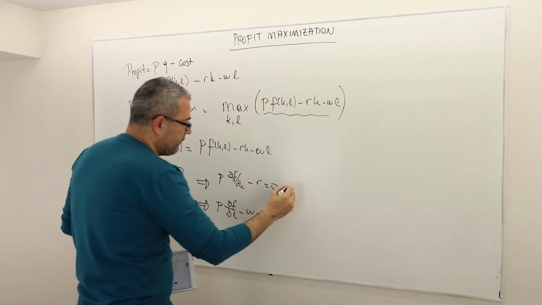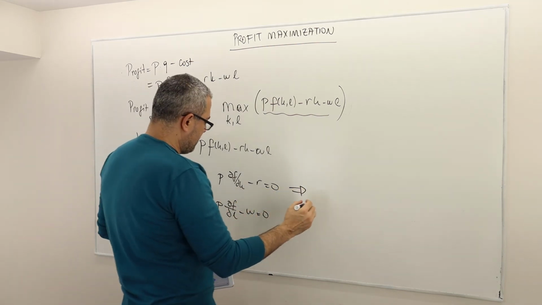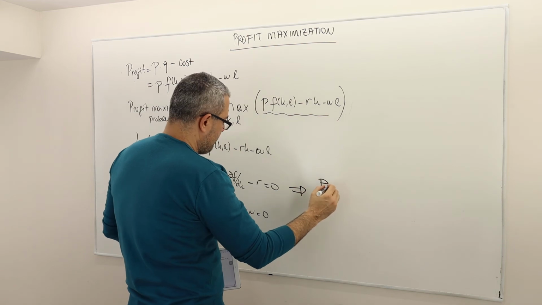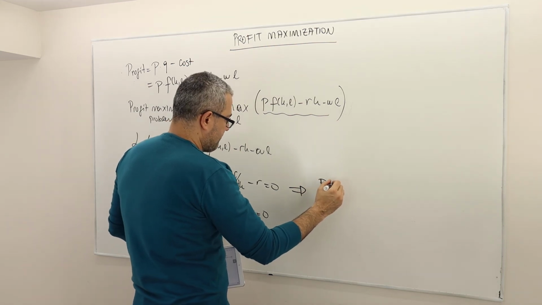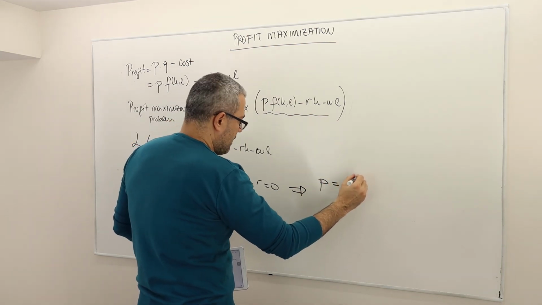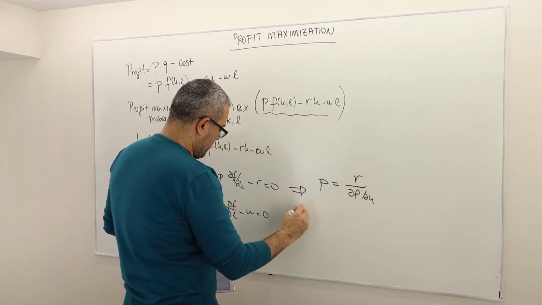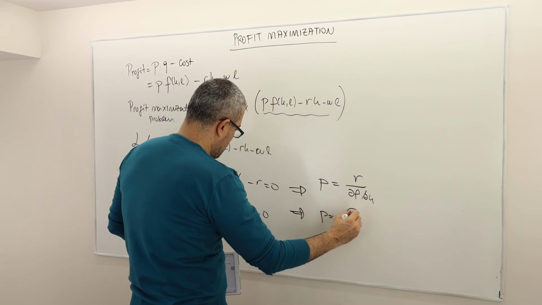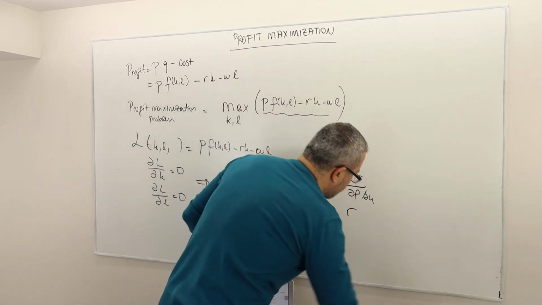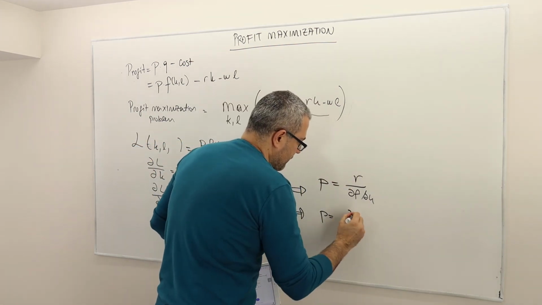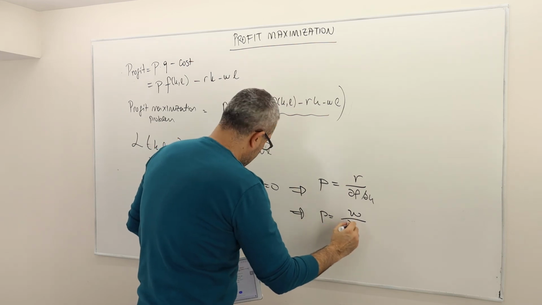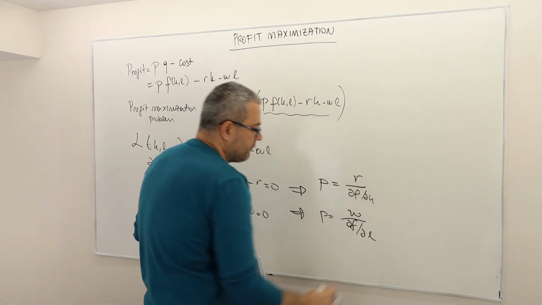So if you simplify those, what you're going to get is the following. P equals R divided by del F del K. And here what I have, P equals W, I'm sorry, divided by del F del L. All right.